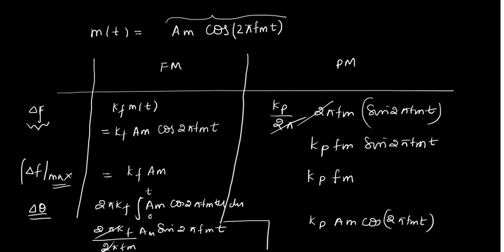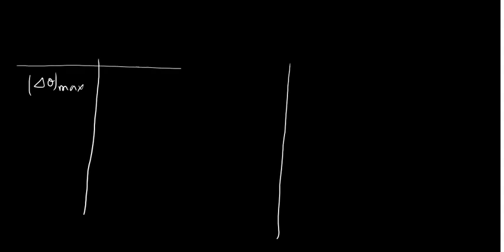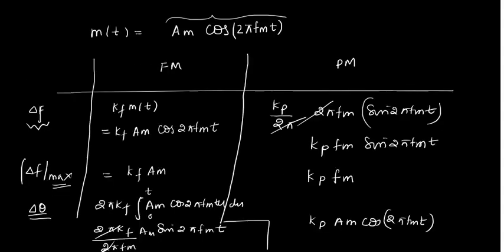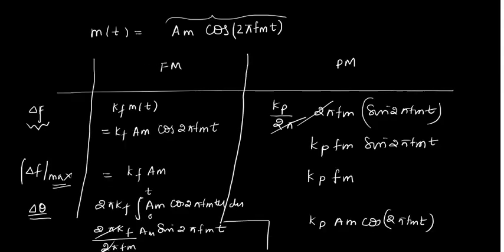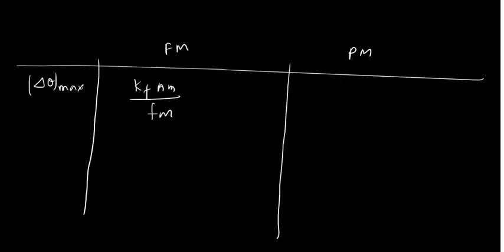So if you are interested in the maximum or peak value of phase deviation, delta theta magnitude max for the case of FM and PM would be Kf Am by fm and it will be Kp Am.